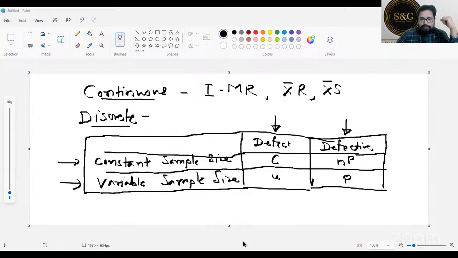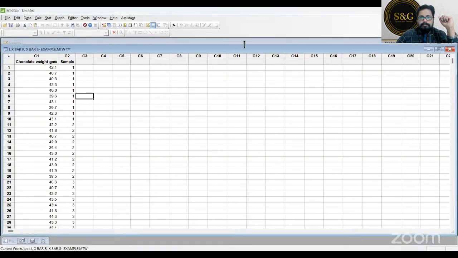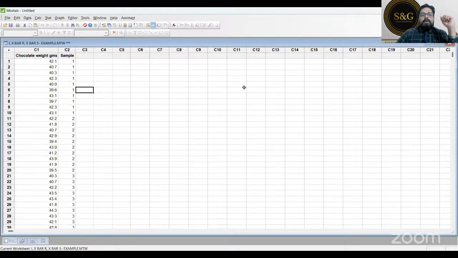And once you have opened it, just type open in the chat box. We will do it practically and understand it. Once you have opened it, let me know in the chat box. Just type done.